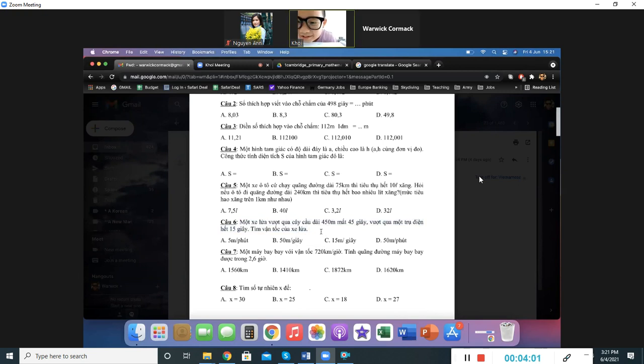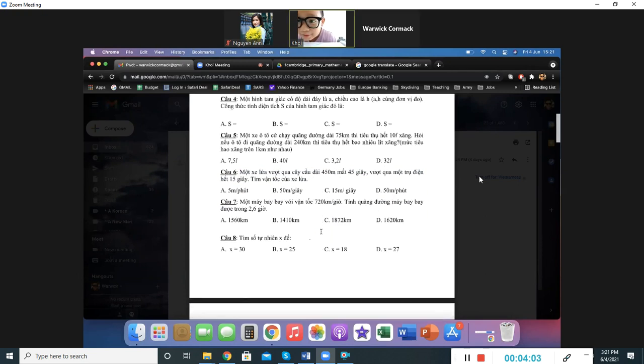One train go over one something 450 meters over 45 seconds, and go over one. What is something over 15 seconds?